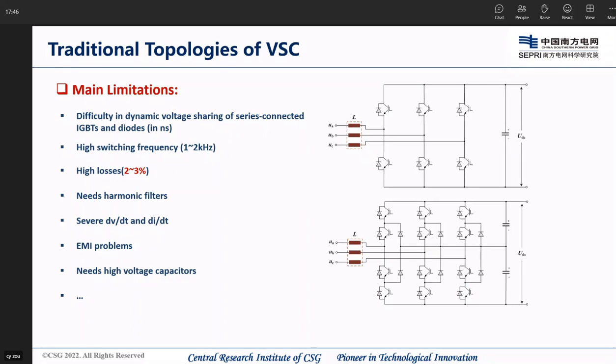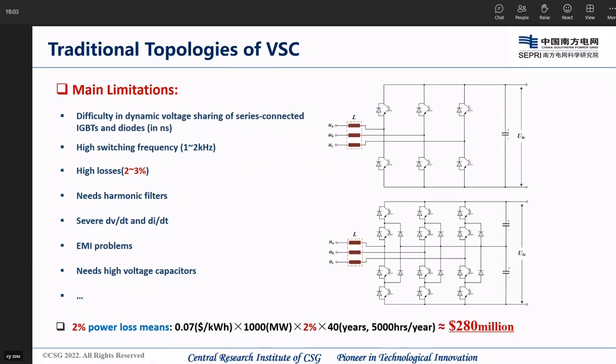Secondly, the IGBT should operate at high switching frequency to reduce the harmonics, typically 1 kHz to 2 kHz. So the loss is much larger than LCC, typically 2 to 3%. 2% loss means more than $208 million wasted for each 1 gigawatt system.